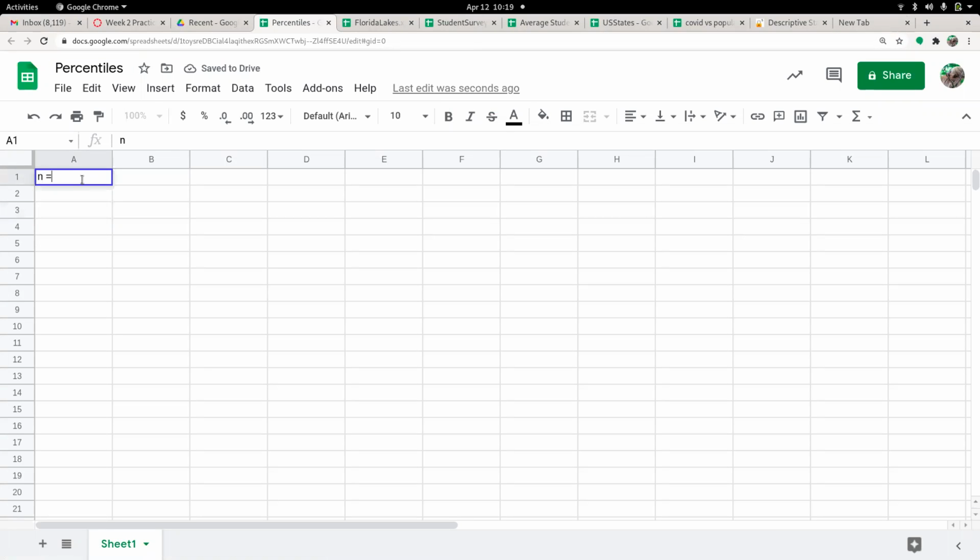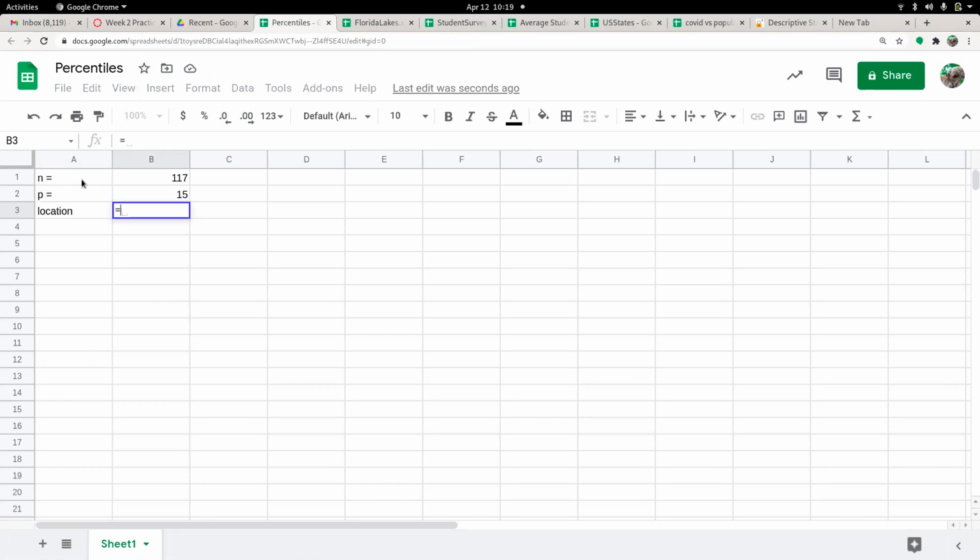And I've got n is 117. I want to find p, I'm just going to call it 15. And now I want to find the location. Right, so for example, location number 117 is the last number. Location number 1 is the first number. So I want to find the 15% location.